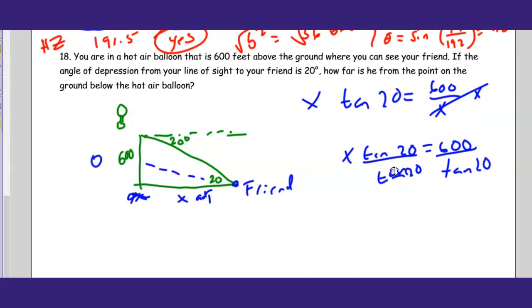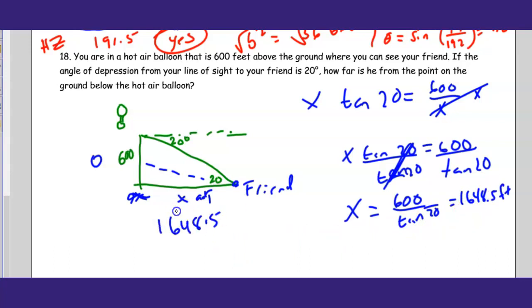That cancels. When we punch that in, we get 1,648.5 feet. So from where you are to your friend is 1,648 feet, guys.